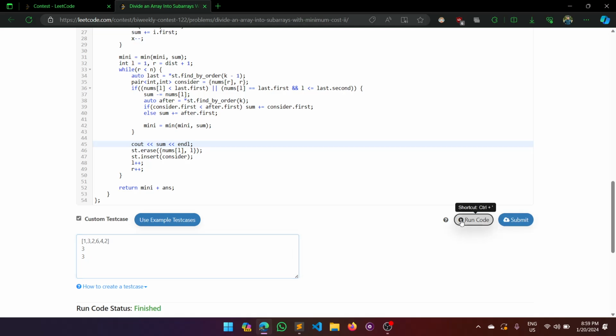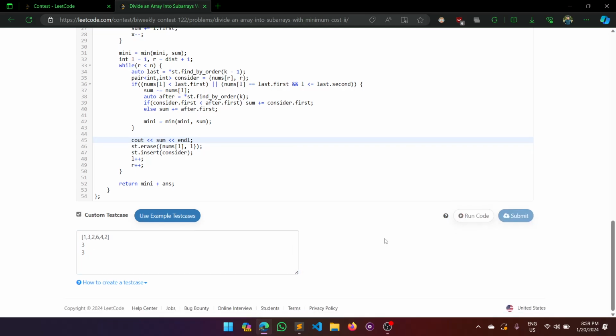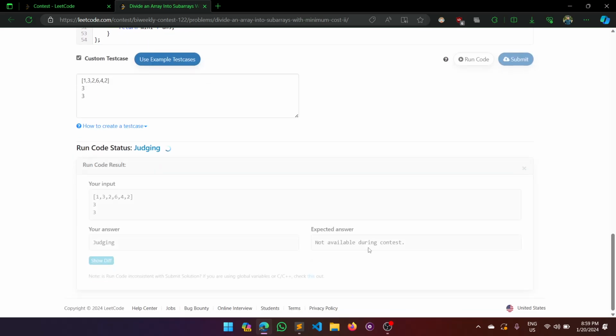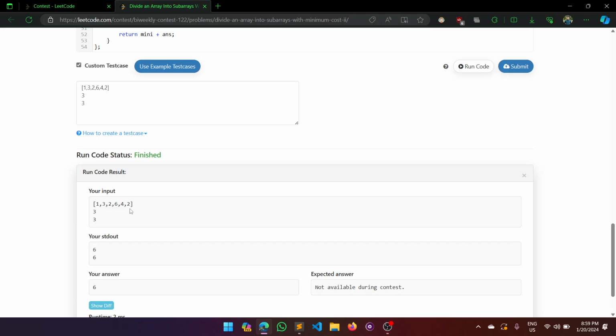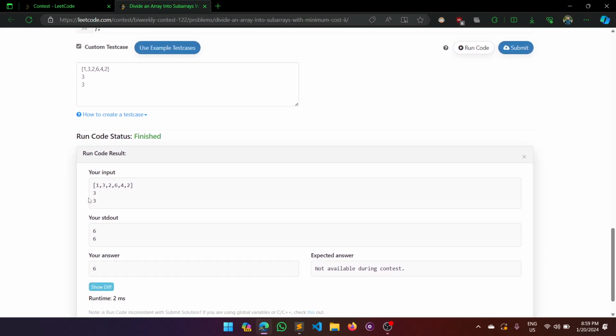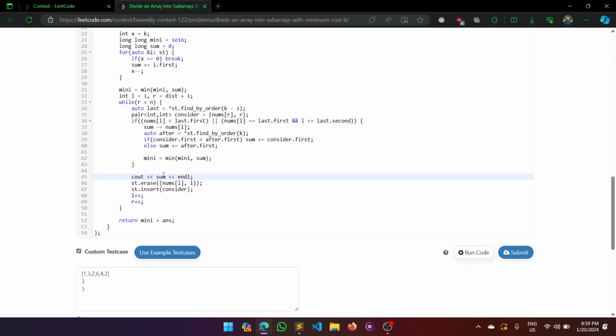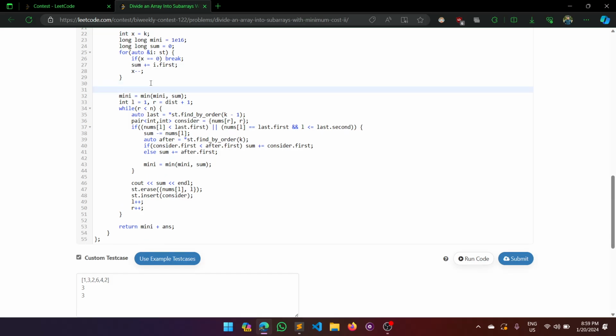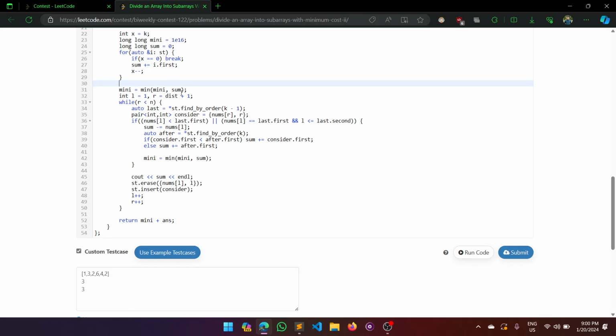I think I can debug this. Six. Let's print it as a now.